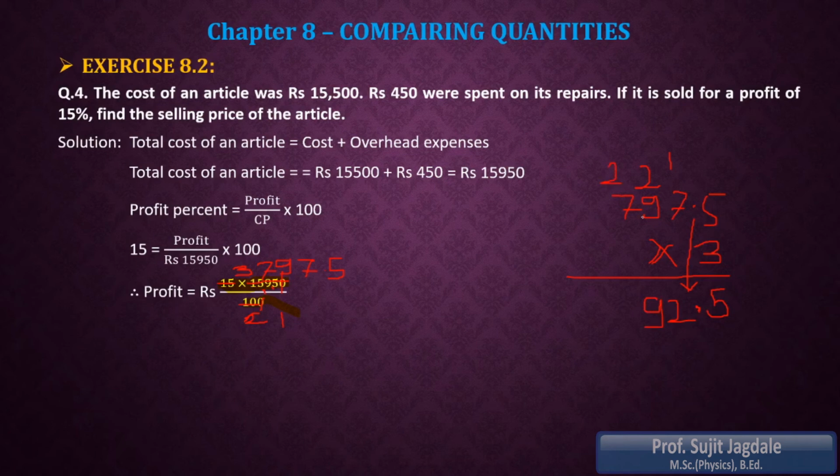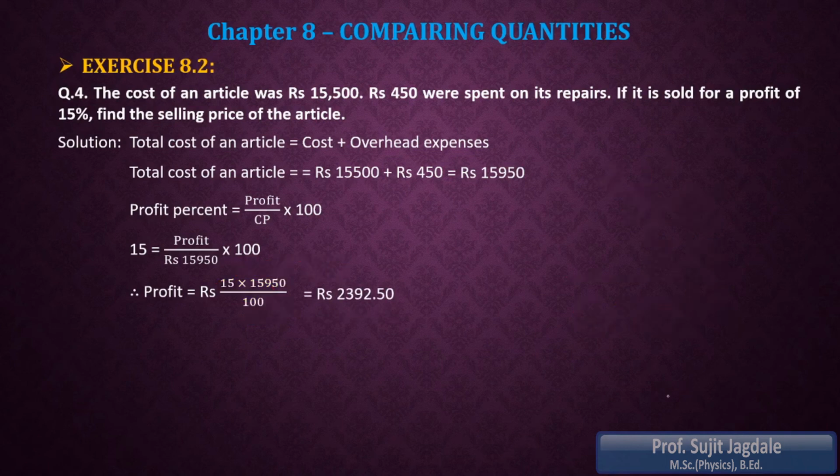Again 3 7s are 21, plus 2 is 23. So here 2392.5 is the profit. 2392.50 is the profit for selling that article at the profit percentage of 15%.